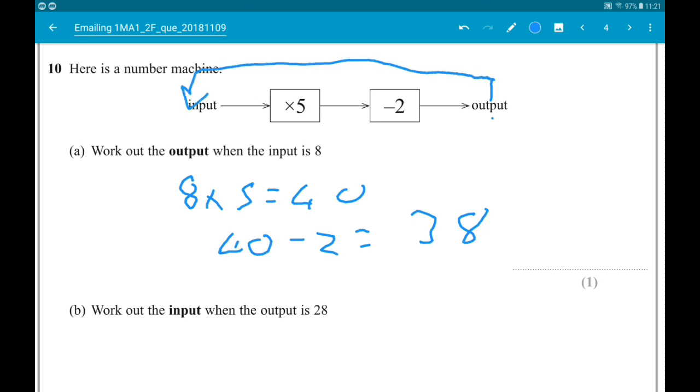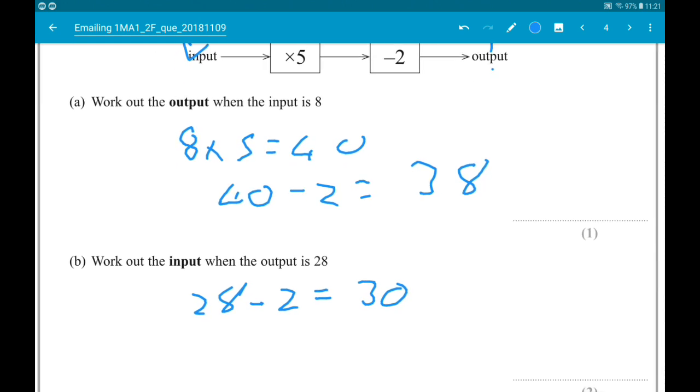So, we first of all do 28 add 2, because we also do the opposite of what the number machine did from left to right. So 28 add 2 is 30, and then 30 divided by 5 is 6.